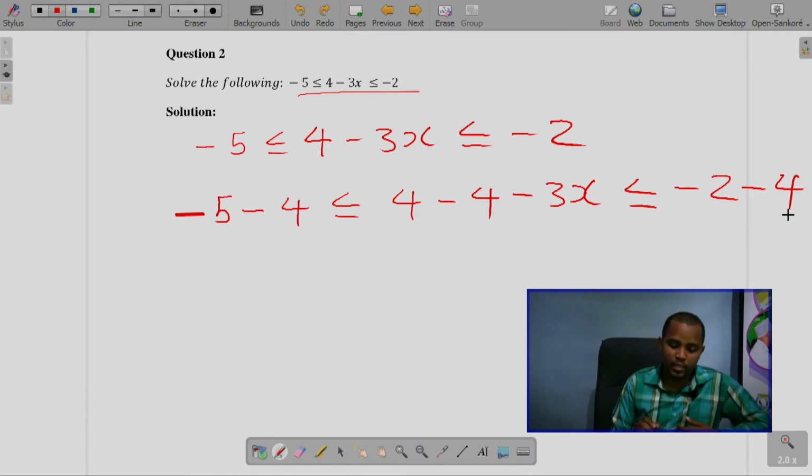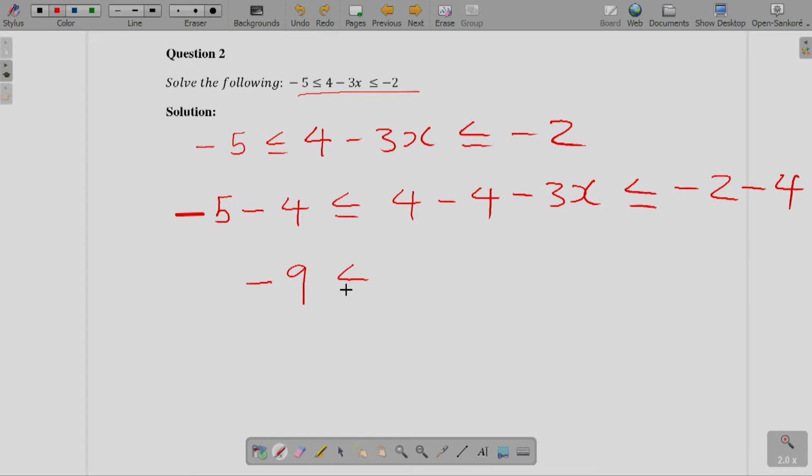Negative 5 minus 4 gives negative 9, 4 minus 4 equals 0 so it remains only negative 3x, and negative 2 minus 4 gives negative 6. So this is the second step.